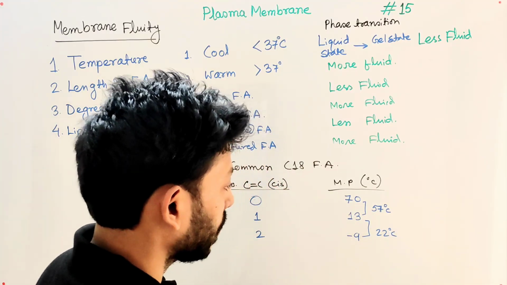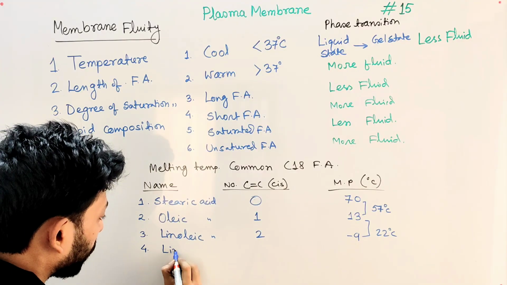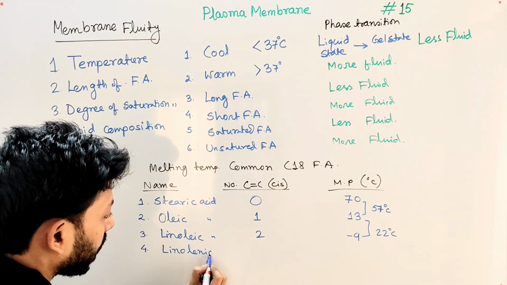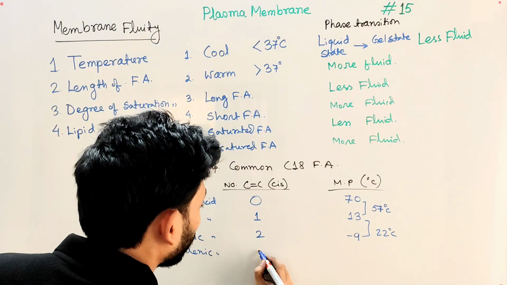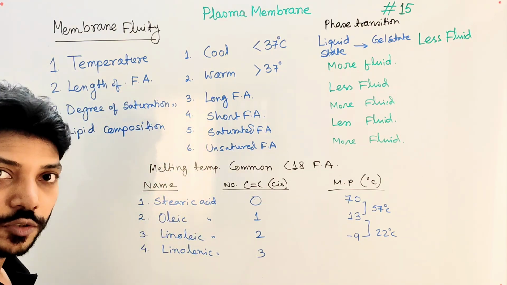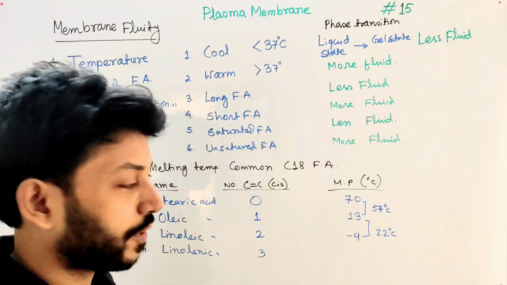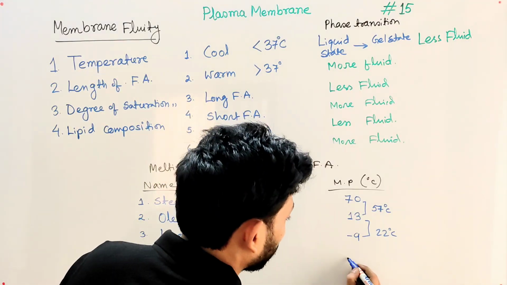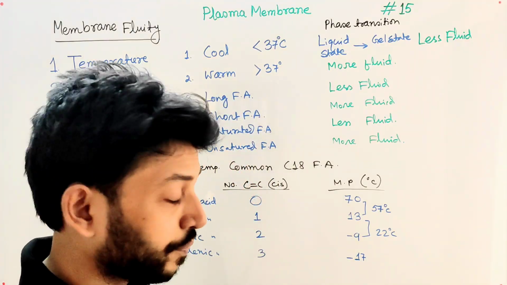You see. Another example is linolenic acid. All these acids are C18 fatty acids. Now linolenic acid has three cis double bonds, so these two examples are polyunsaturated fatty acids, and the temperature drops here to minus 17 degrees centigrade.